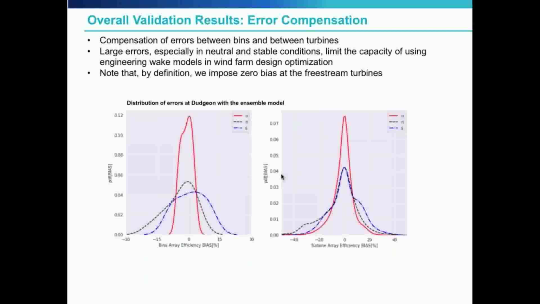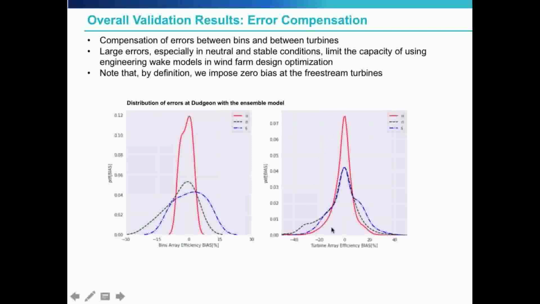But of course, those were aggregated results. When you look into beam results or down to the turbine level, what we see is that the errors can get to 20, 30, or even 40%.